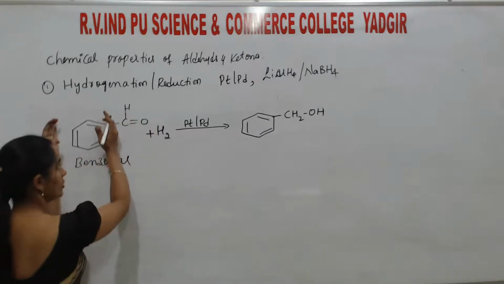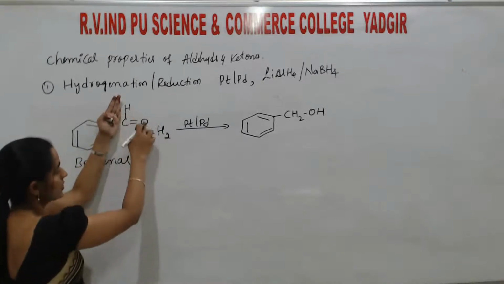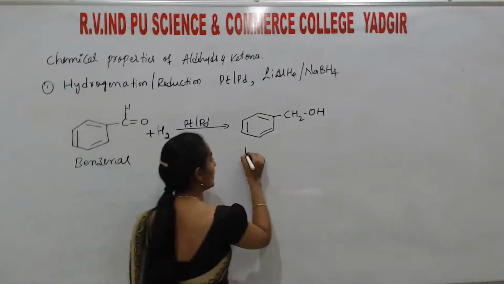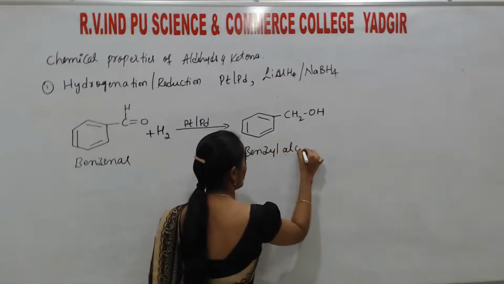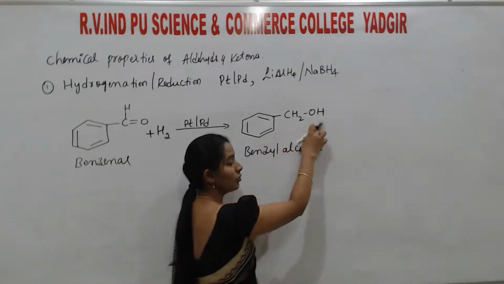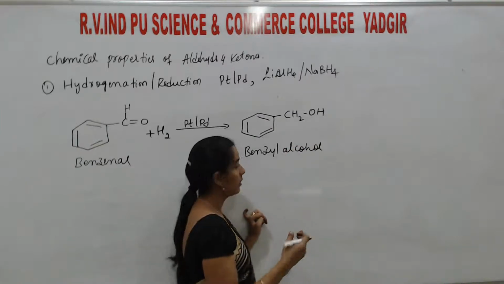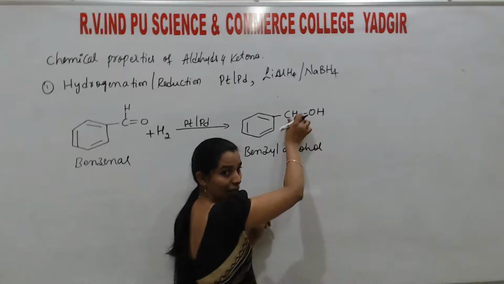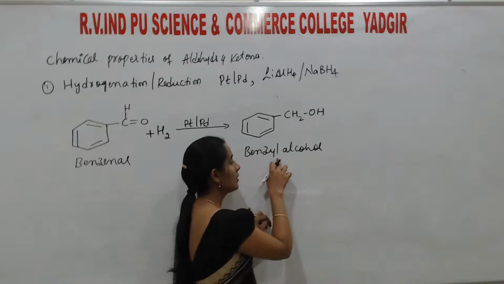We don't bother about this R group, only here the change is taking place. So this is benzyl alcohol. In the last class I told you, if CO is there, then it is benzoyl, ketone is there. If CH2OH is there like this, another carbon atom or alkyl group, then it is benzyl.